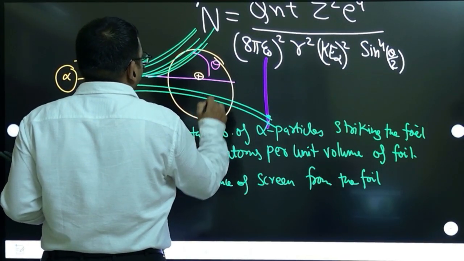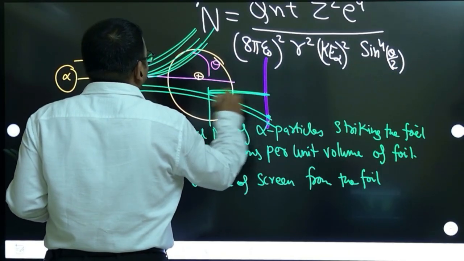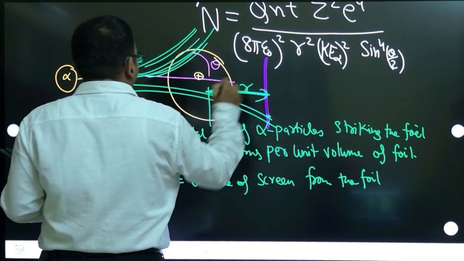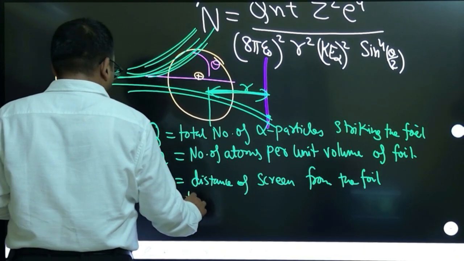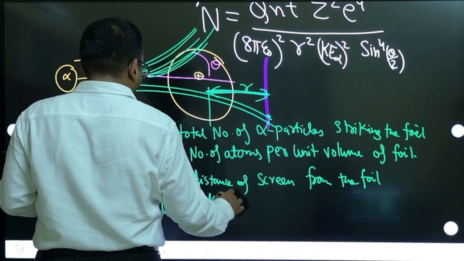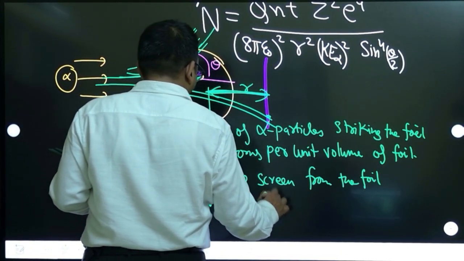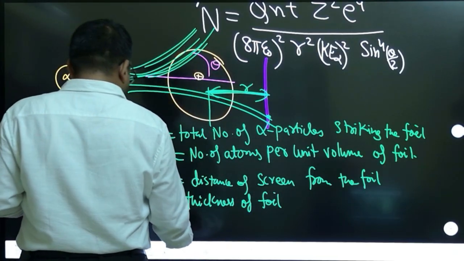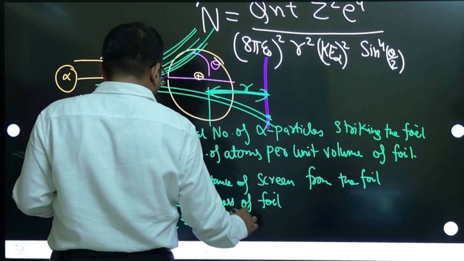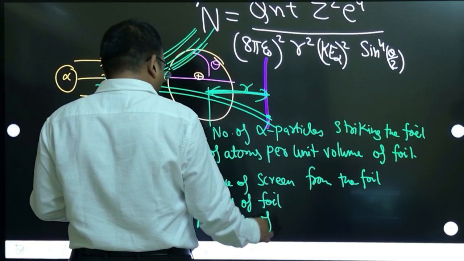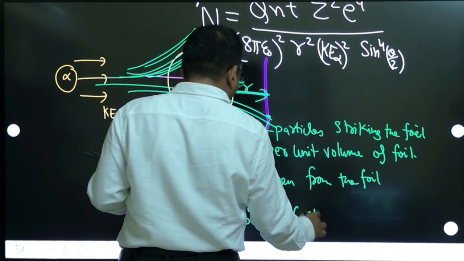The distance from the foil to the screen is r here. t is the thickness of the foil, Z is the atomic number of the foil. Tell me, what is the atomic number of gold?